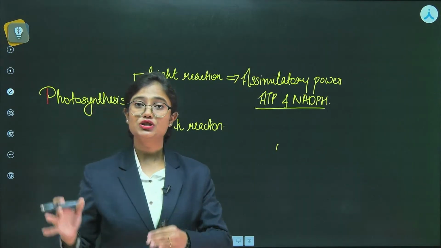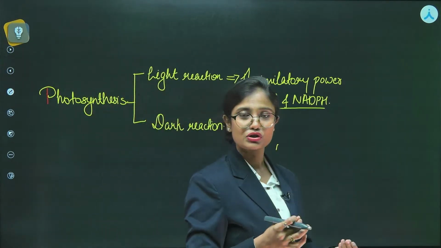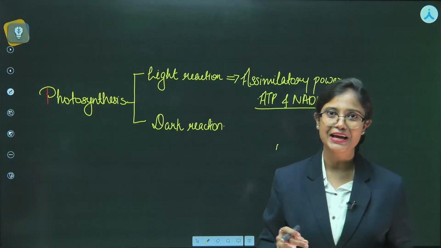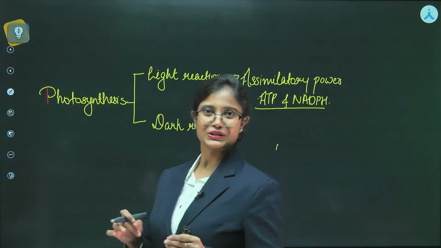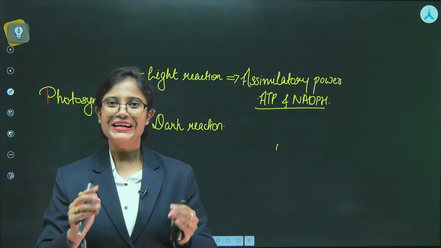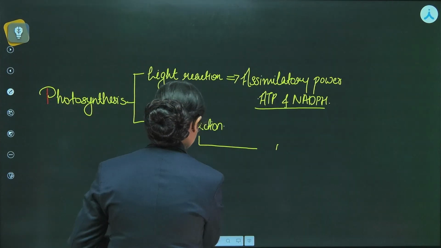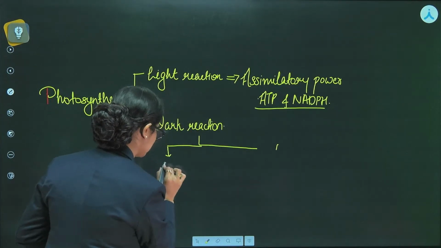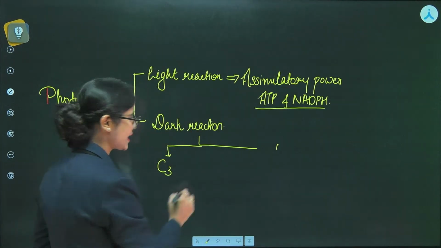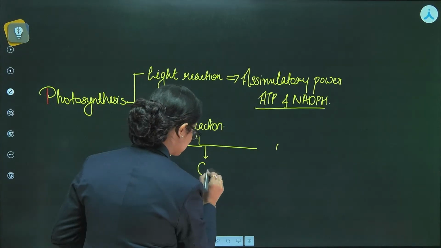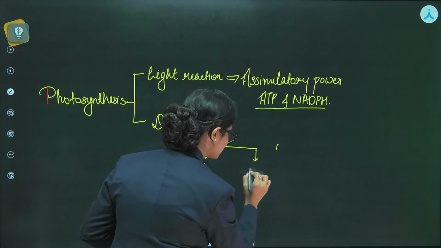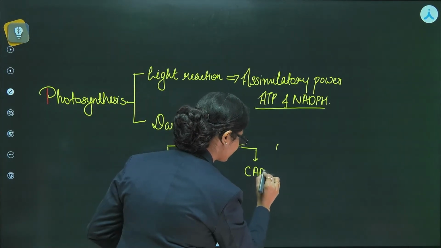On the basis of different approaches for assimilating the carbon dioxide from the atmosphere, the plants are divided into three types. Those are C3 plants, C4 plants and CAM plants.